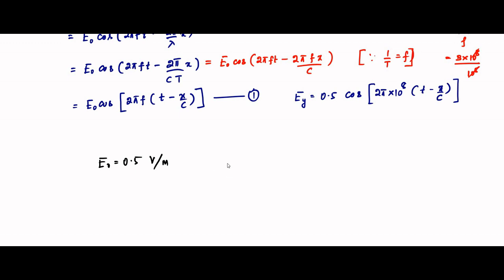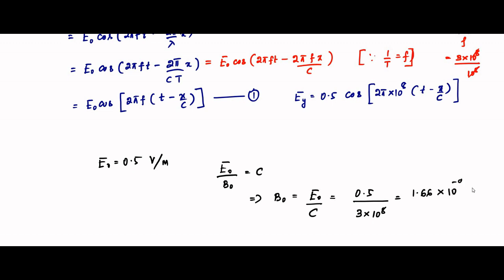Using the relationship E0 by B0 is equal to c, where E0 is the amplitude of the electric field and B0 is the amplitude of the magnetic field, B0 will be equal to E0 by c, that is 0.5 by 3 into 10 to the power 8. It is coming around 1.66 into 10 to the power minus 9 Tesla.